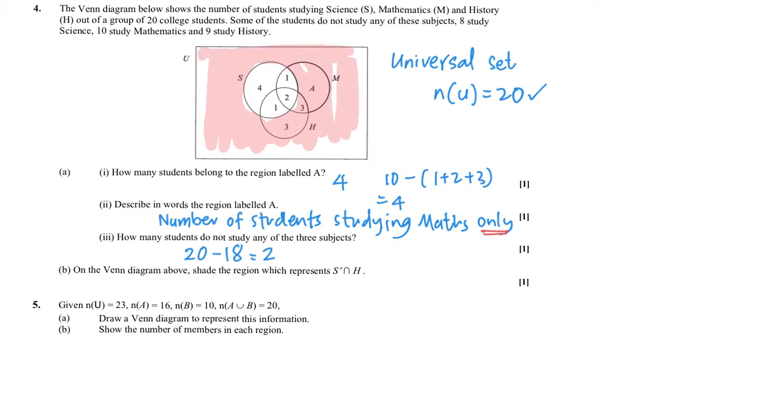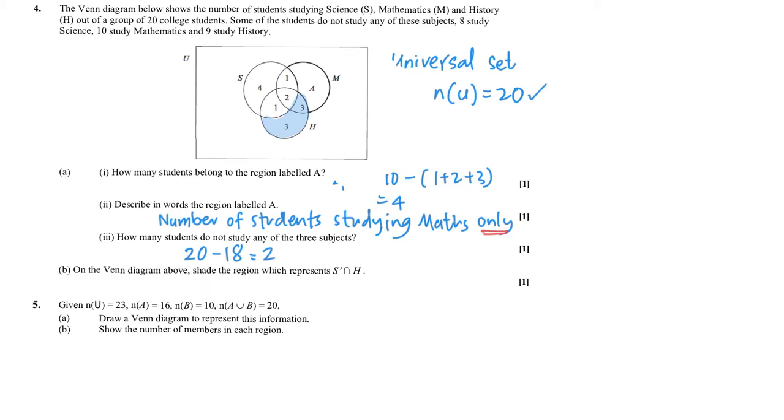Intersect means among all this shade, which region intersects with H, overlaps with H, which one touches H. So that should be only this part that touches H, right? Just that, the blue part. That is the part that intersects with H. That should be the answer.